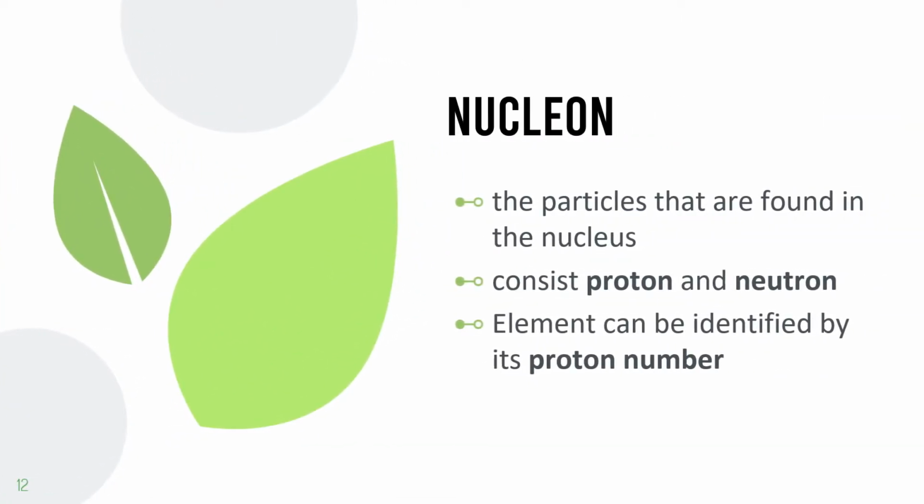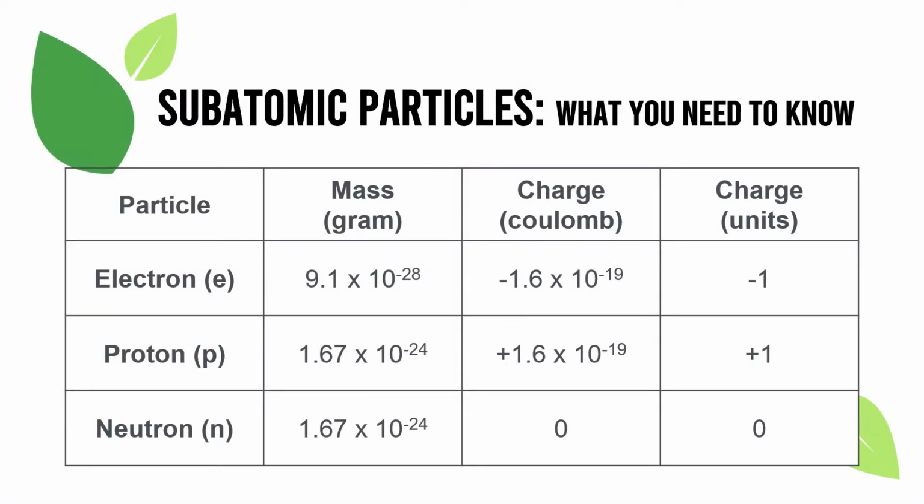Nucleon is a particle that is found in the nucleus. It consists of proton and neutron. Element can be identified by its proton number. So every element in the periodic table is different because they have different proton numbers. These are some of the information on the subatomic particles that you need to know.